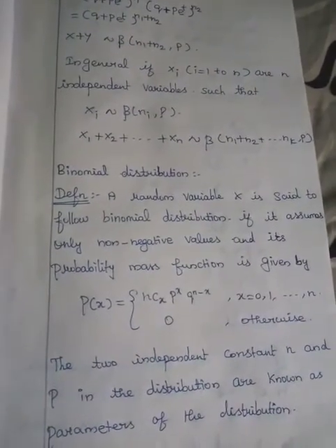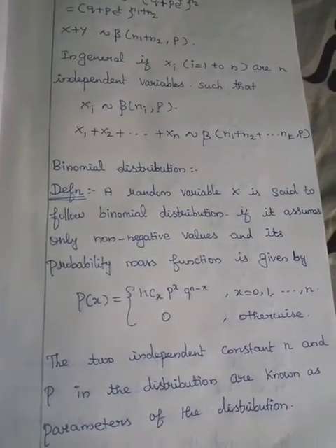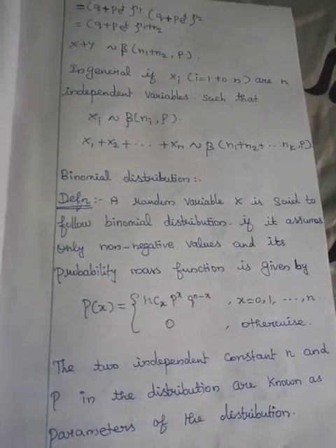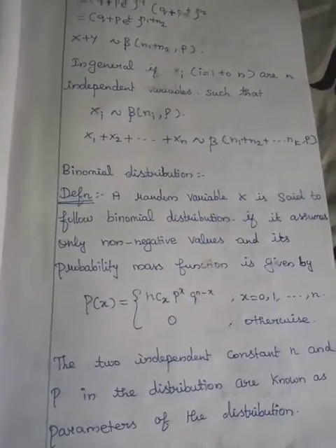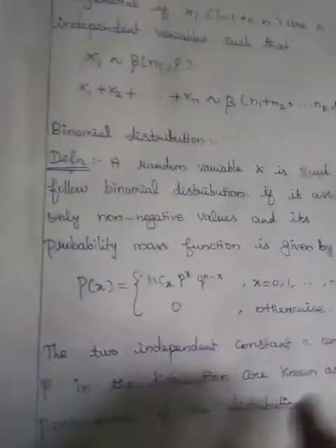The two independent constants n and p in the distribution are known as parameters of the distribution.